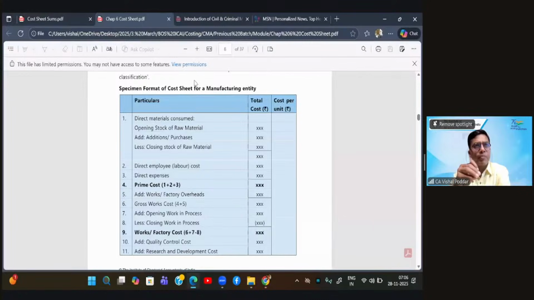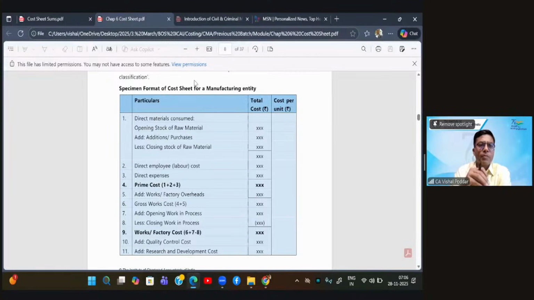To convert it into the final product in the factory requires the application of direct labor, the workers working in the factory directly engaged in the manufacturing process.